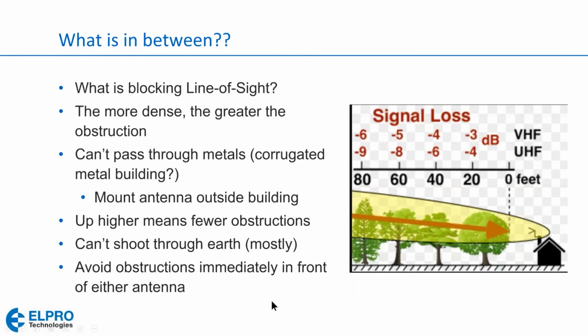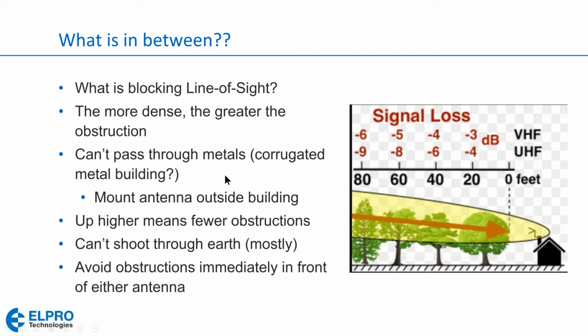Okay, so some of the other questions we're going to have to ask is what is in between, or what is blocking line of sight if we're going for a shorter distance here? Generally, the more dense the obstruction, the greater the attenuation of the radio signal will be. Now, keep in mind, radio waves cannot pass through metals.